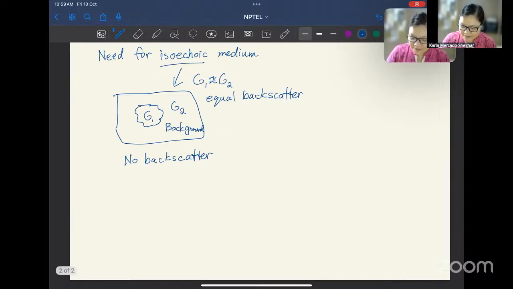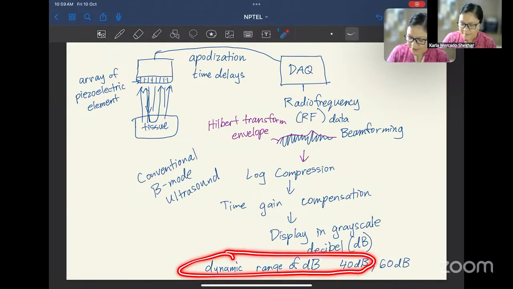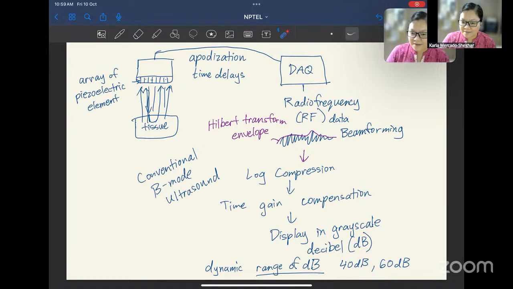Let's say the highest dB, the 40 dB part, is the brightest signal, and below that is 0 dB, the lowest signal that you can detect.